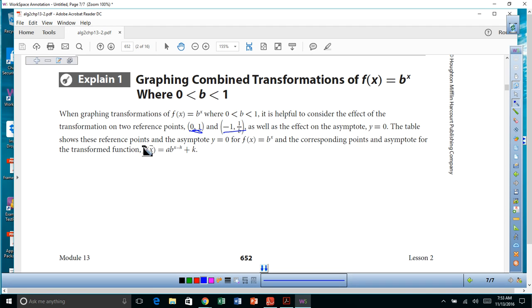The table shows the reference points and the asymptote y equals 0 for f of x equals b to the x power, and the corresponding points for the transformed function g of x equals a times b to the x minus h plus k.